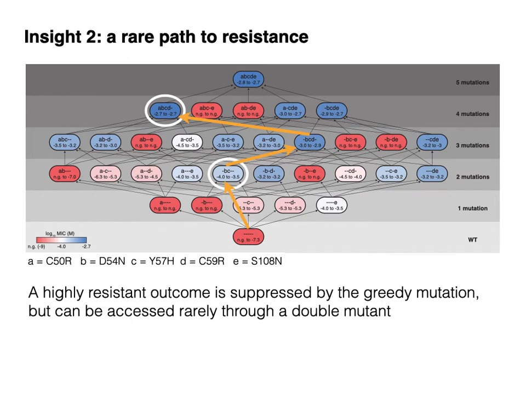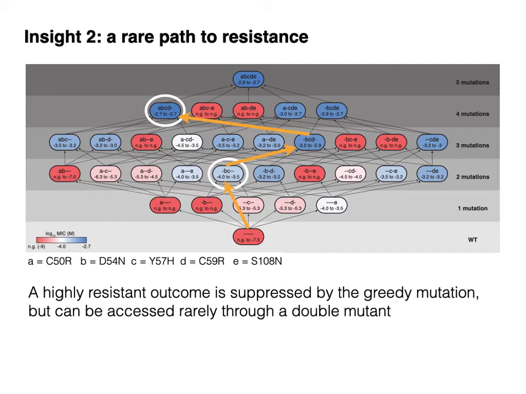But in our evolution experiment, we also observed outcomes that did not have S108N. What was happening there? It turns out that for those cases, before S108N could fix, a double mutant, D54N Y57H, arose and took over.